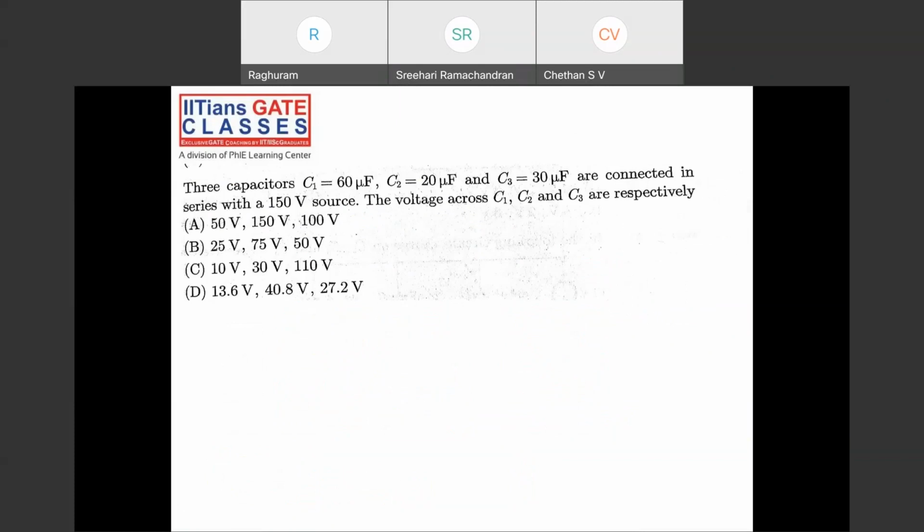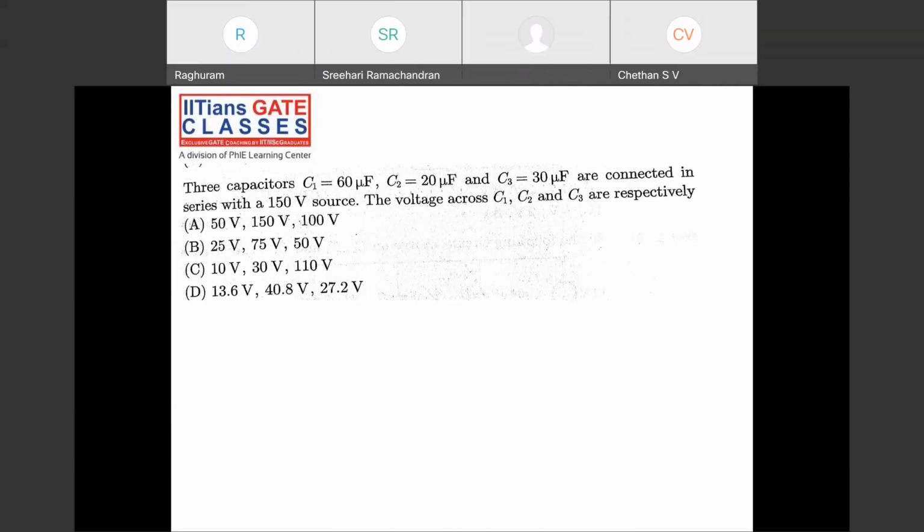The voltage across C1, C2, and C3 are respectively dash. Okay, everyone see this?